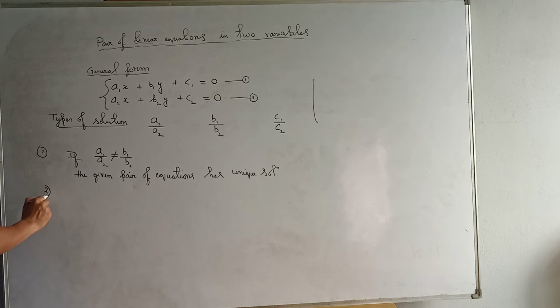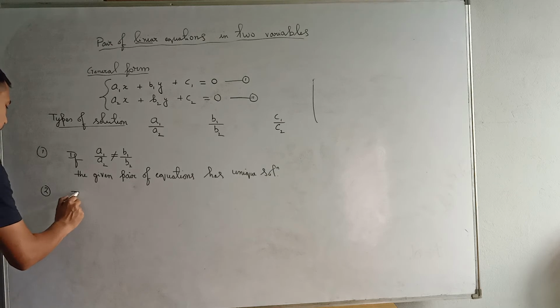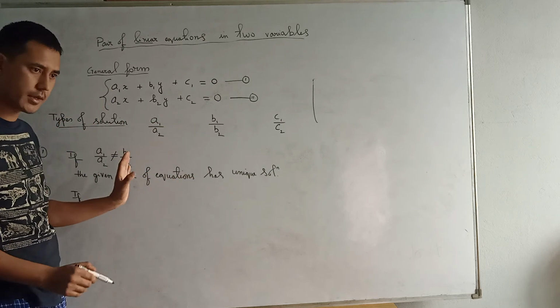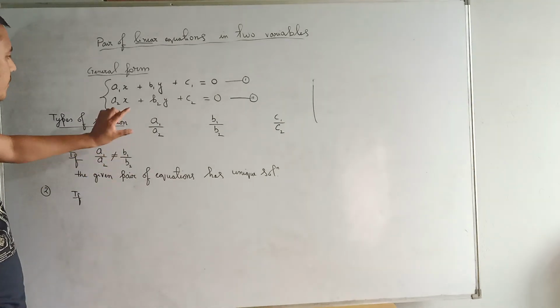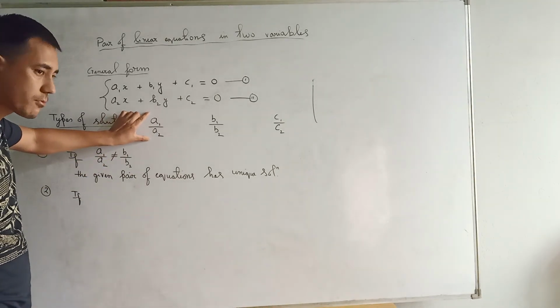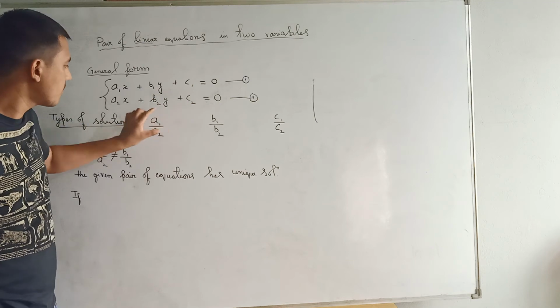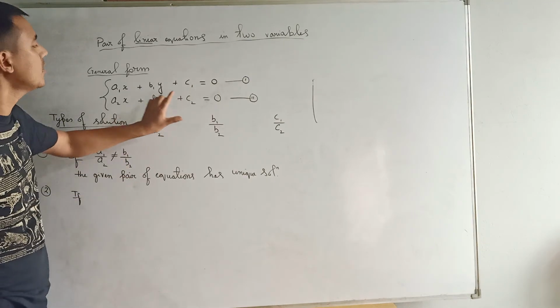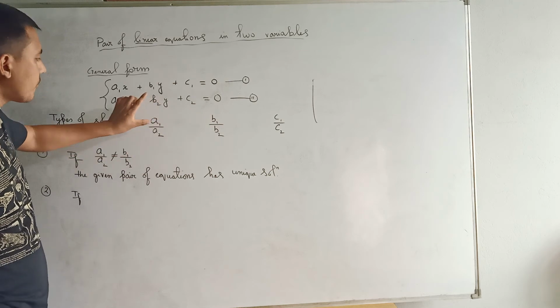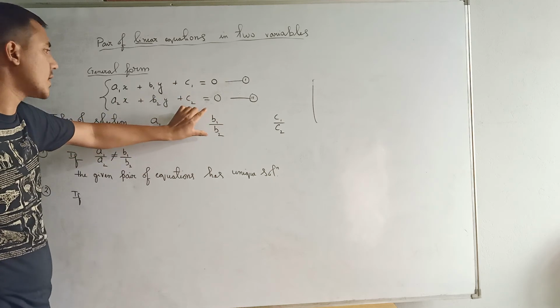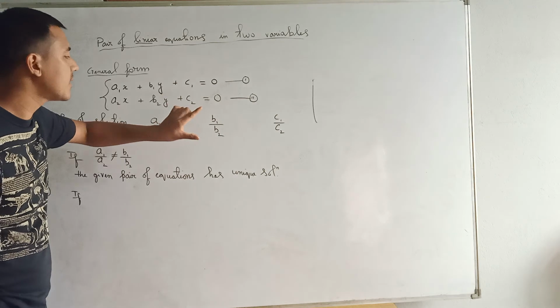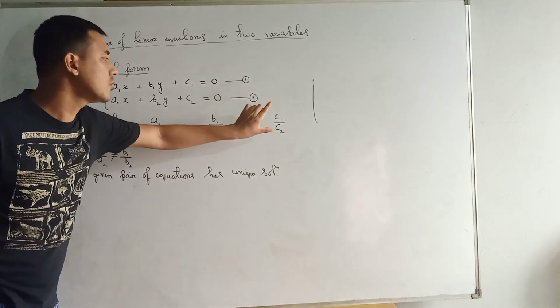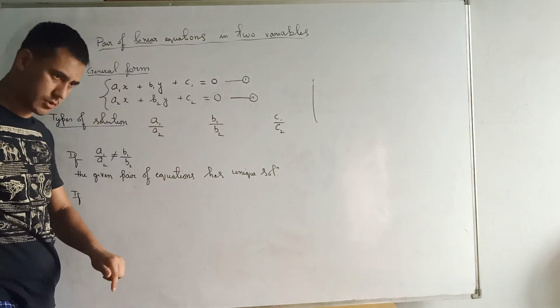So the second one is, if in the first case the two ratios were not equal, then we stopped there, right? The second one is, if the first ratio is equal to your second ratio, but it is not equal to your third ratio.